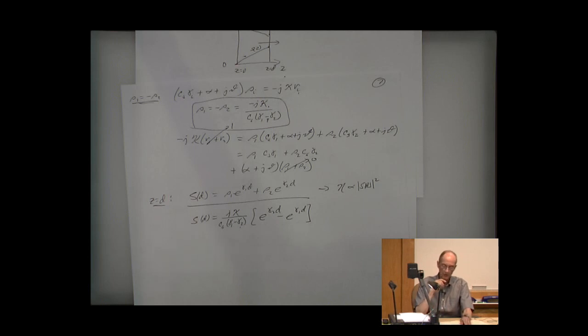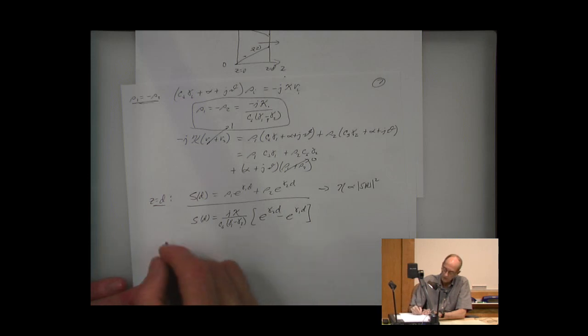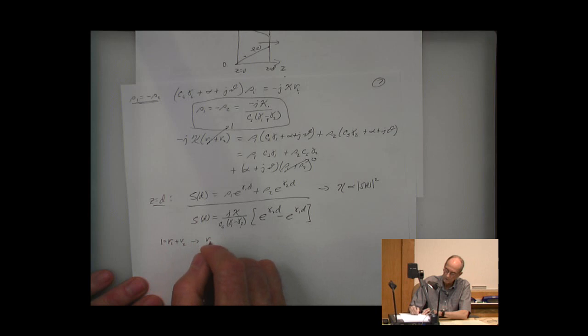I mean, we could also find R. All right. So for R, if we wanted to find R of D, here we know that 1 is equal to R1 plus R2. And so we can say R2 is equal to 1 minus R1, no surprise there.